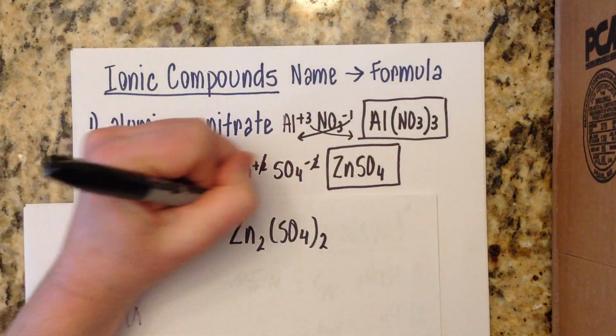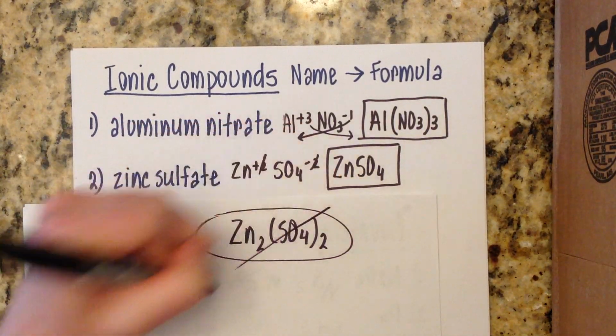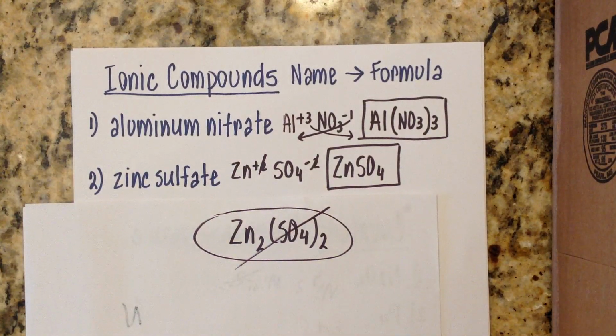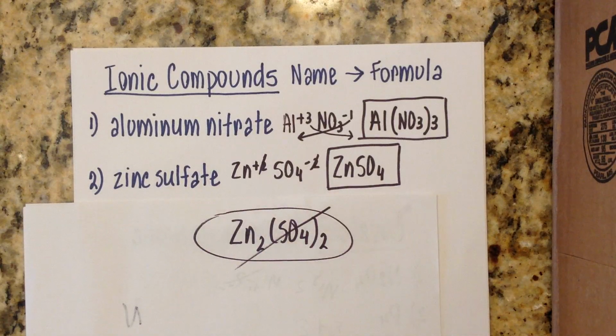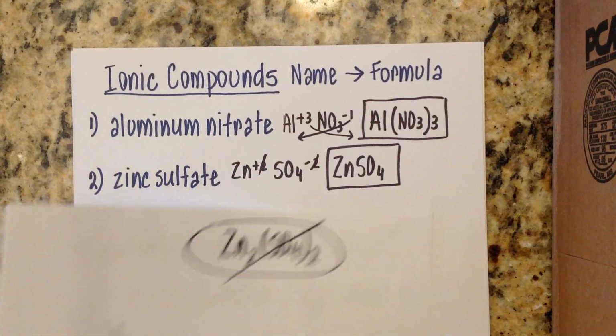So again, I would encourage you to make a note here to remind yourself not to do this. If they can be canceled, they have to be canceled. And always do the canceling before you crisscross. That is very, very important. So cancel up high and then bring the numbers down low.